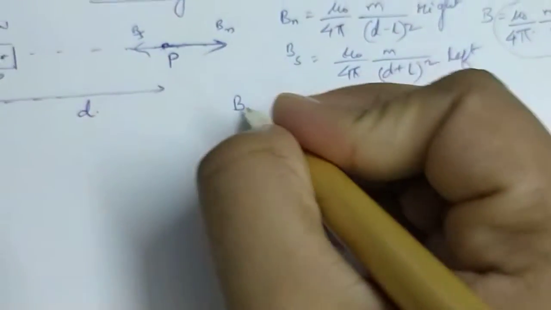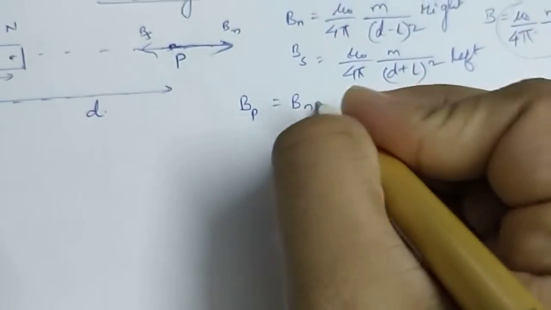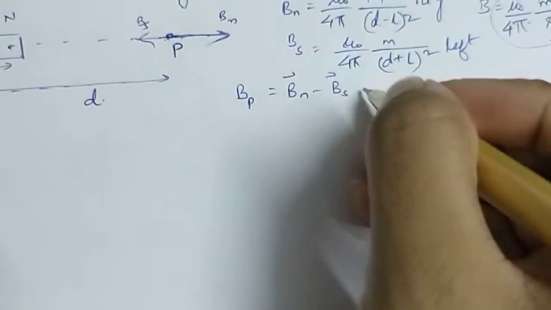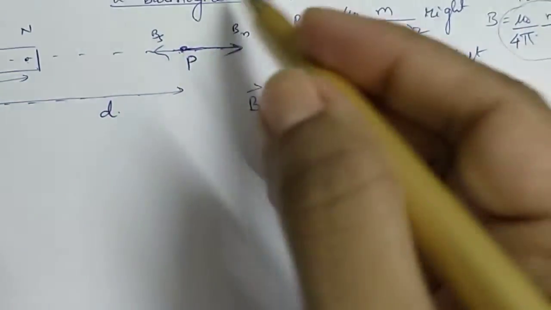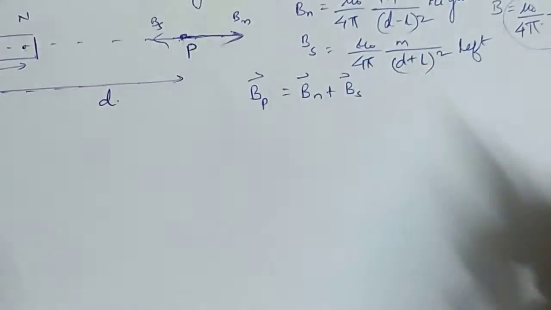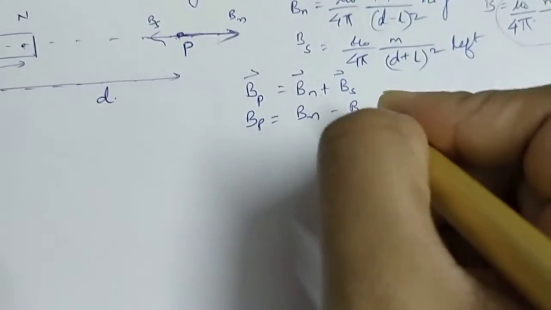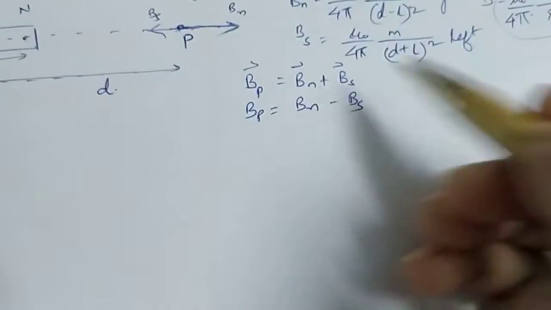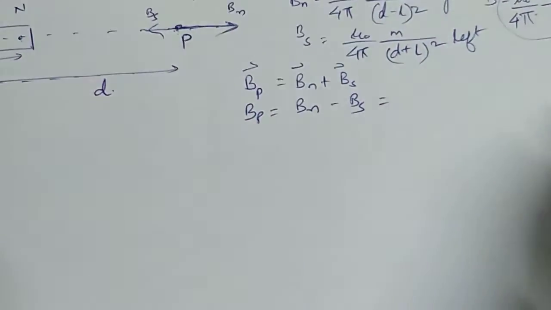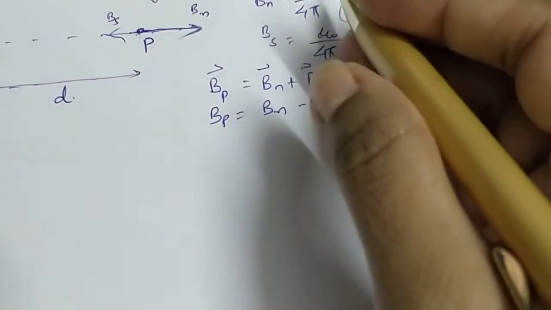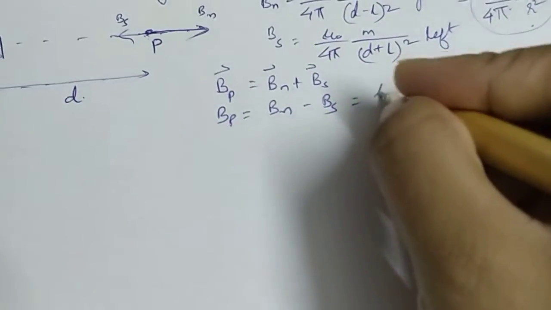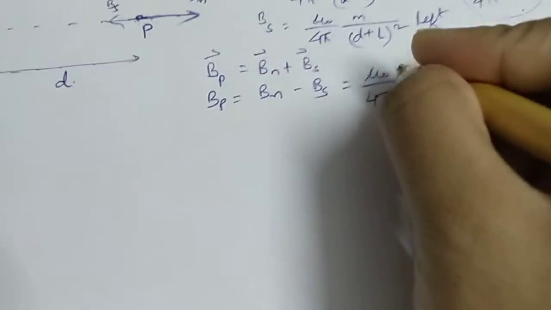Now the net magnetic field at point P will be Bn minus Bs. I am writing Bn minus Bs because, for the vector sum I would have to write plus, but in magnitude it is Bn minus Bs since Bn is greater. So when we subtract, I will take mu naught by 4 pi common.